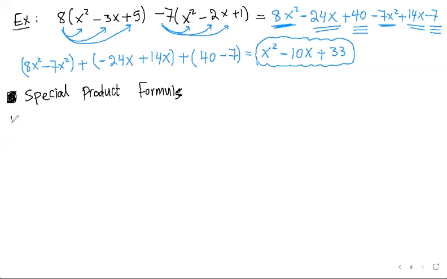So let, for example, A and B be algebraic expressions.